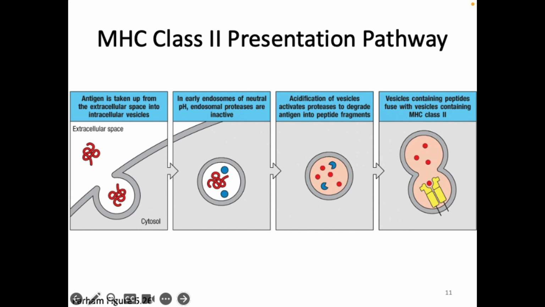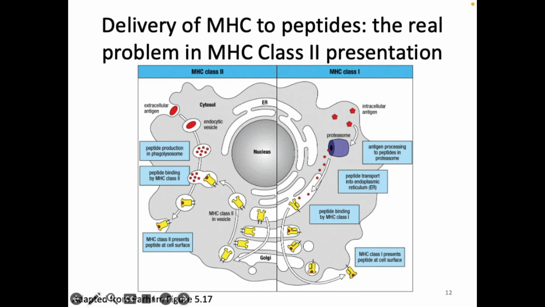So delivery shouldn't be a problem. This should be really easy. It turns out that delivery is a problem, but not in the same way that it was in class 1. It's sort of a flipped problem. It's actually a really big problem.